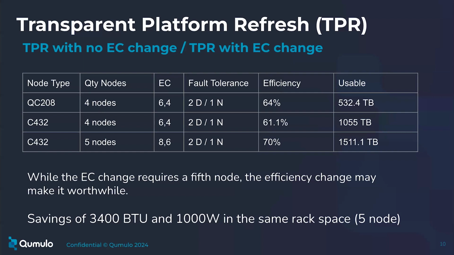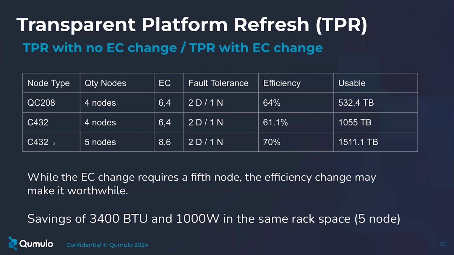So during this time, I would have the 208s racked and operational. I'd have the 432s racked and operational. Now I throw this 5th node out here just for grins.